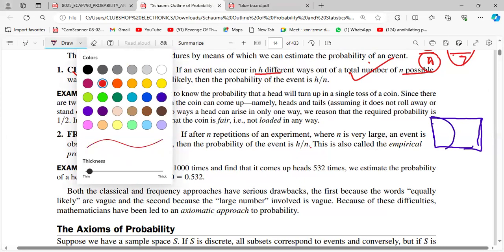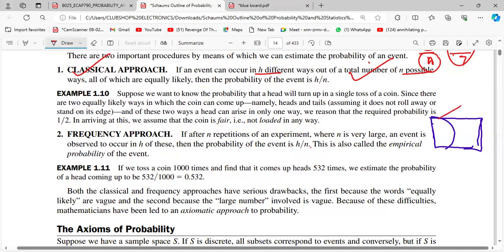Let's say this population, the whole community here, is 10,000. You may not interview all the 10,000, but sample a few. Let's sample 100.